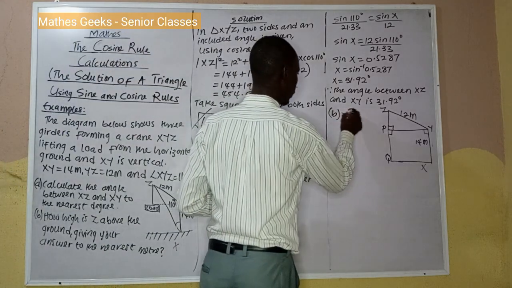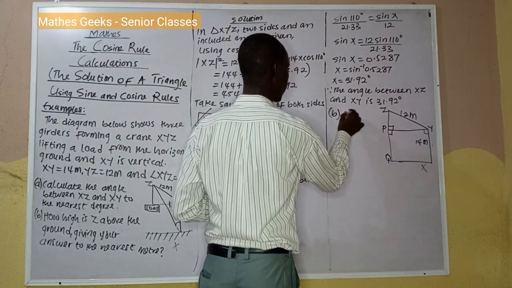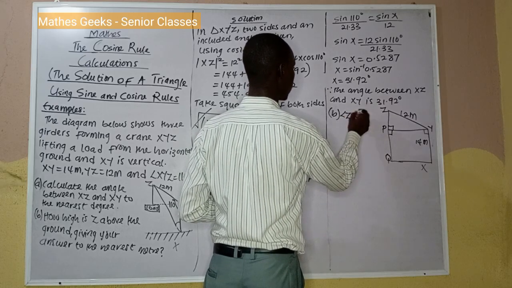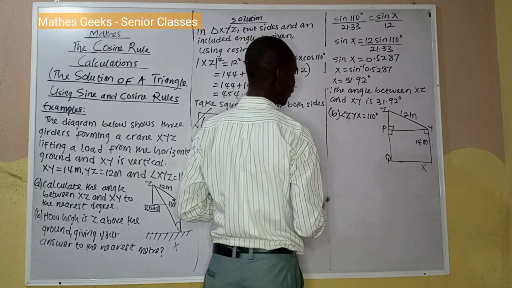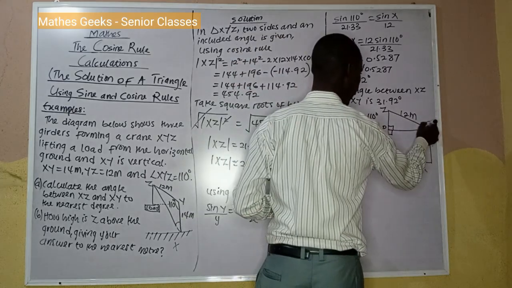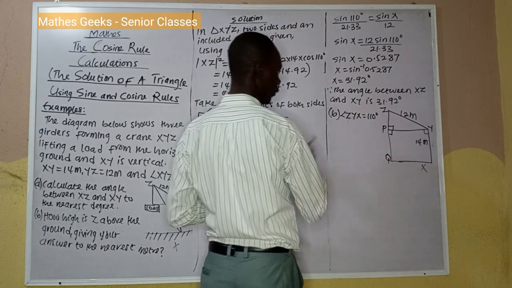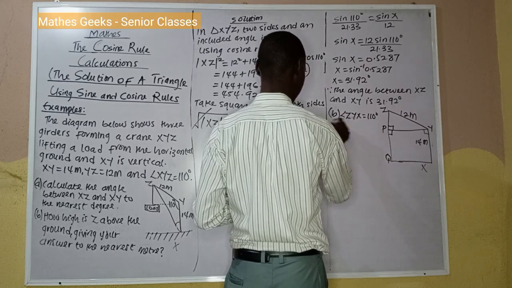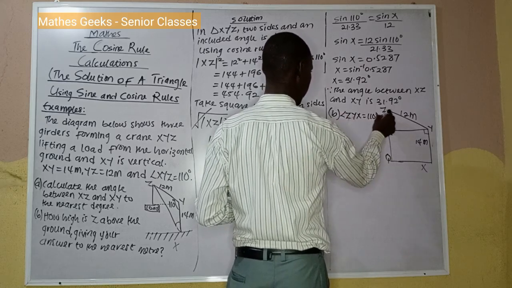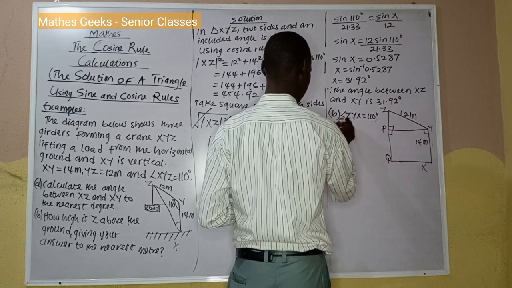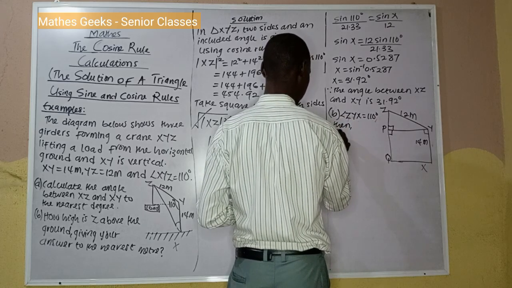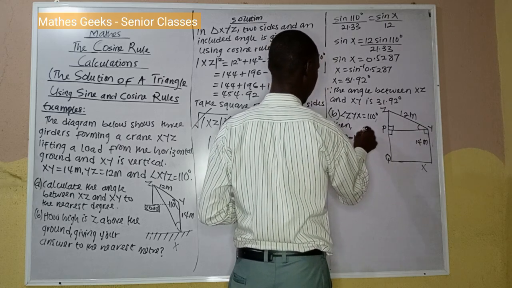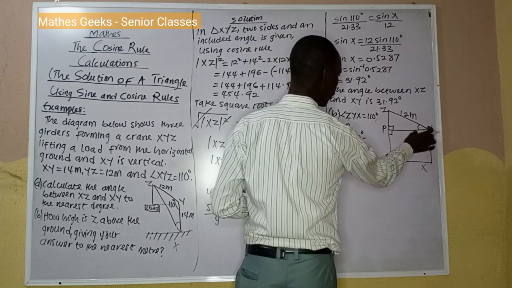Angle zyx equals 110 degrees, which is the total angle from here to here. Angle zyx is equal to 110 degrees, but then angle zyp, which is this angle here, will be 110 degrees minus this part, which is 90 degrees.